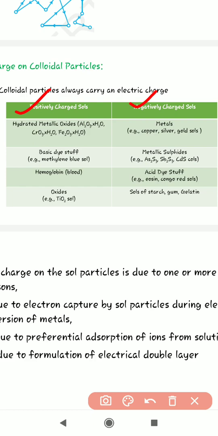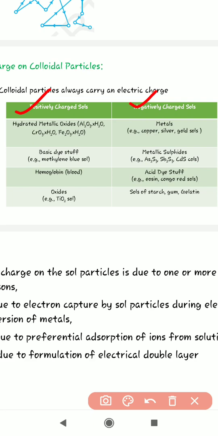First one is hydrated metallic oxides. Hydrated metallic oxides always show positively charged sols, like aluminum oxide, chromic oxide, ferric oxide. All these metal oxides show positively charged sols.